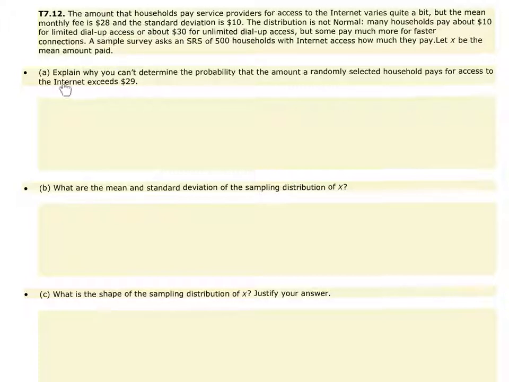Part A. Explain why you can't determine the probability that the amount a randomly selected household pays for access to the internet exceeds $29. So what they're saying is, why can we not come in here and say, find the probability that X is greater than 29? The key to this problem is that we are talking about a randomly selected household. So this is one household.